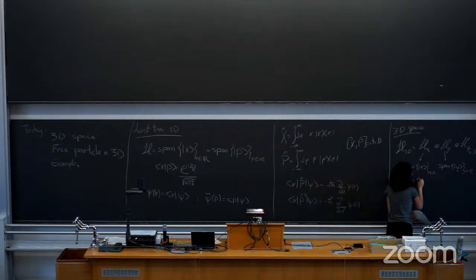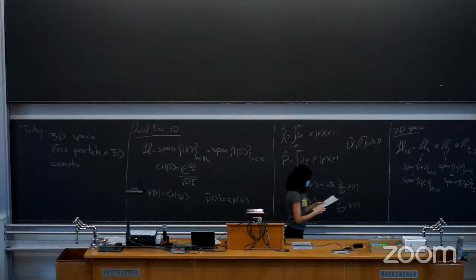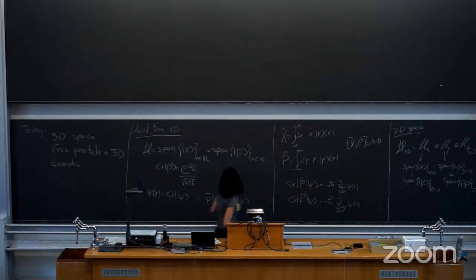We call it Px, so P in the X direction. And the same here, this is Py. And here the same, right, for Pz. And each of them satisfies this inner product, right?